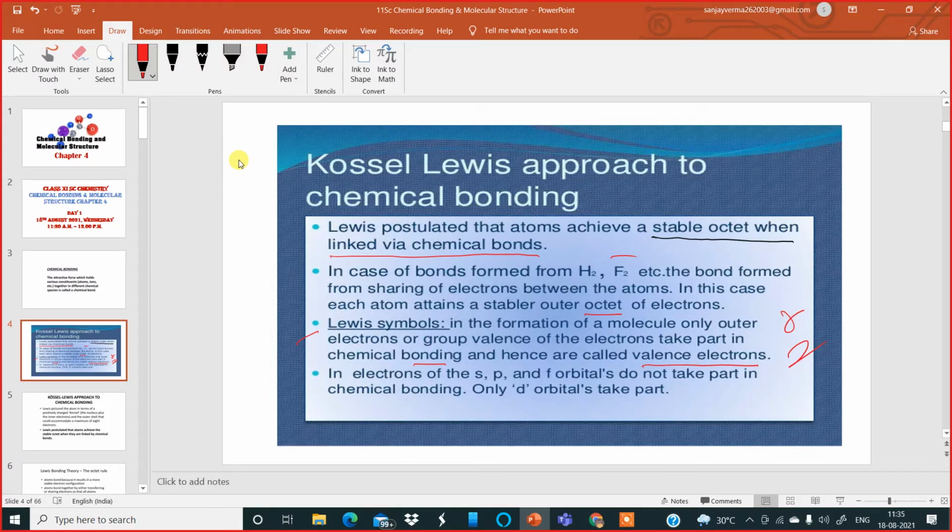Electrons of the s, p and f orbitals do not take part in chemical bonding. Only d orbitals take part. So this is what Kossel and Lewis had to give us. So remember this: s, p and f orbitals do not take part in chemical bonding according to Kossel and Lewis. Only d orbitals take part. So this is one important approach.